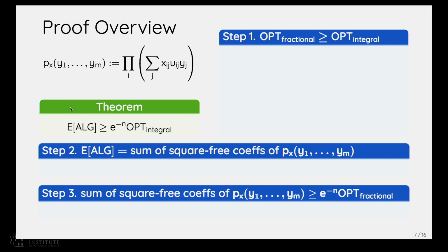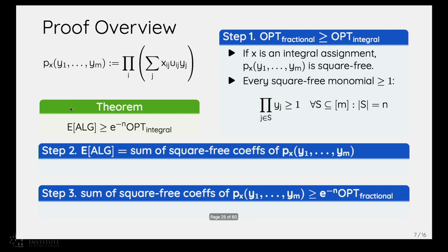So I'm going to actually prove step 1 on this slide. Think of an integral assignment. An integral assignment never assigns the same item to 2 people. So when you expand this polynomial out, you never get a yj squared. So when x is an integral assignment, this polynomial is square-free by default.